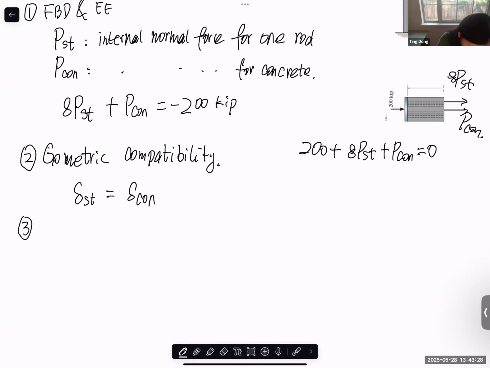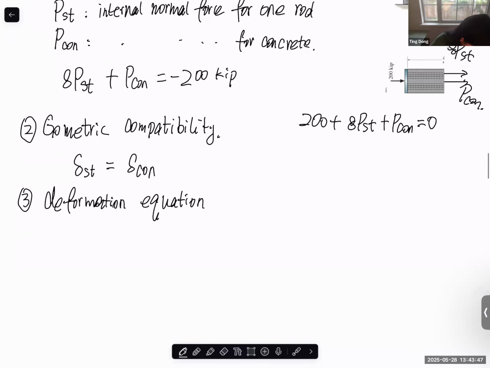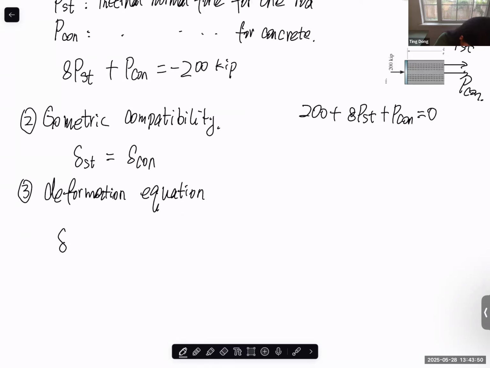And the third step is writing the geometric deformation equation. So for the steel rod, we have the internal force in the steel rod, L, Young's modulus of the steel rod, and the cross-section area of the steel rod.